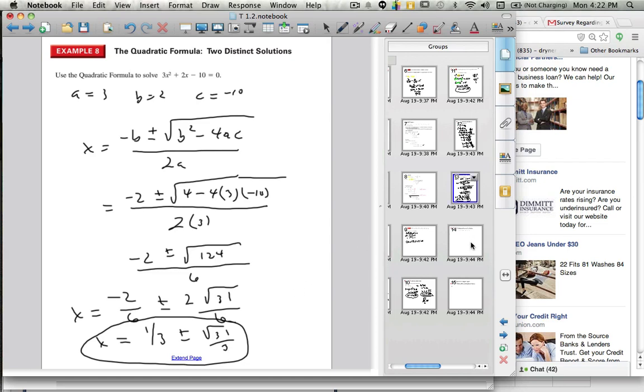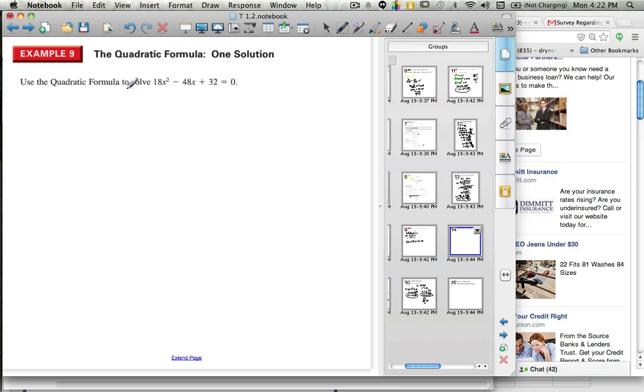Okay, what does it look like if I have only one solution? I would take a look at this problem. Now, what's complicated about this one is we could simplify this. You notice that I know that I could say that A is 18, B is negative 48, and C is 32. But before I start, it really is in my best interest to simplify this as much as I can.